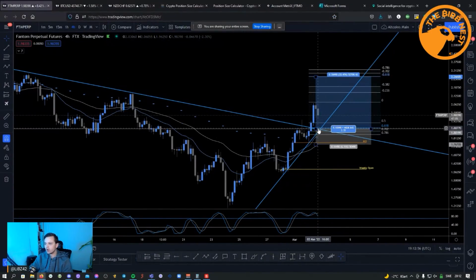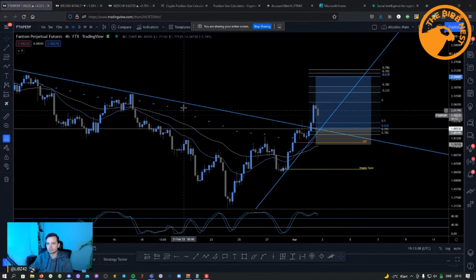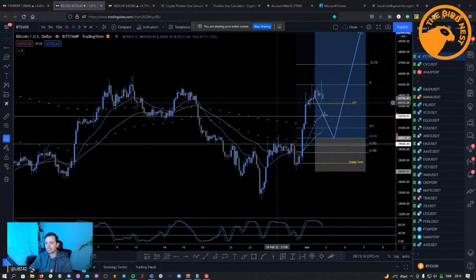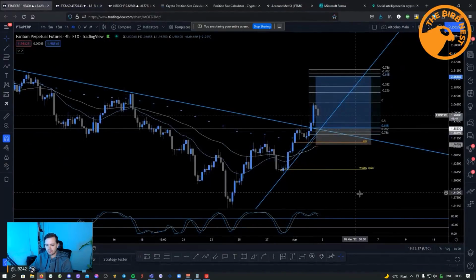Well, honestly, the whole area between, let's say, 1.89 and 1.79, 1.80 for FTM, this whole area right here is a pretty decent long opportunity for FTM as well. So what I'm looking at here is a long setup on Bitcoin to be played on altcoins. And if Bitcoin bounces here and FTM stays inside this region, this is a beautiful long opportunity right here.